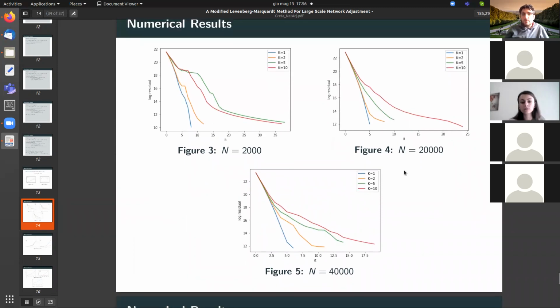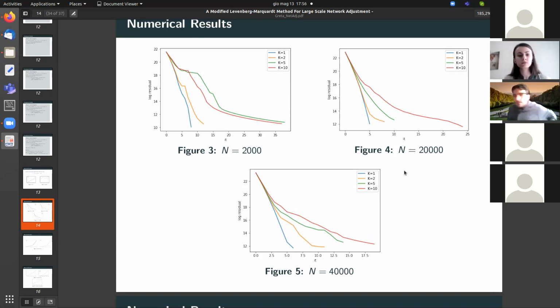No. We are thinking about this. Computing a different splitting, also splitting into a different number of subproblems, is very cheap compared to the global computation. So we cannot do it at each iteration, but we can do it a few times along the run of the method. We didn't try yet.